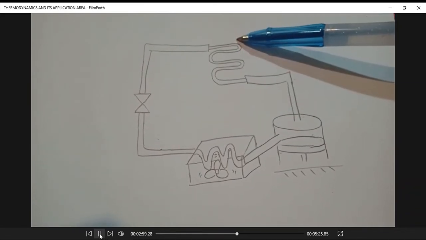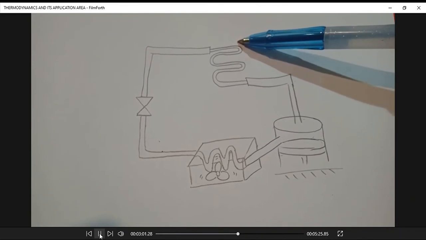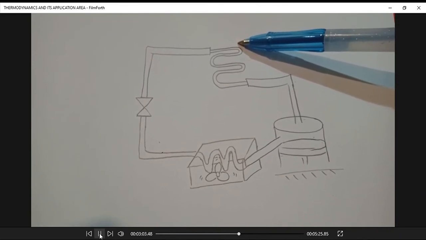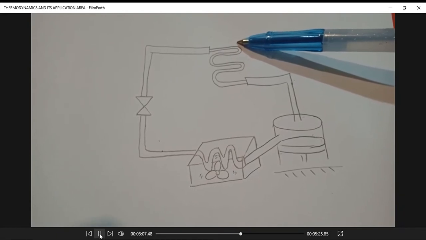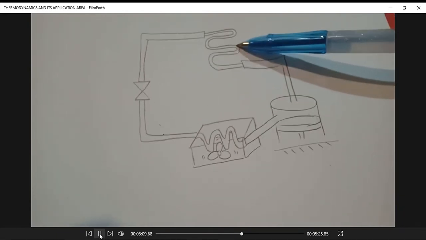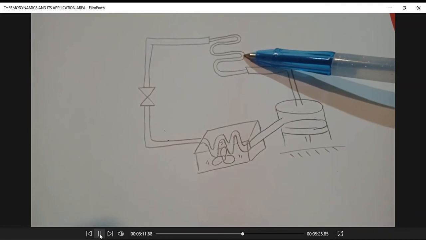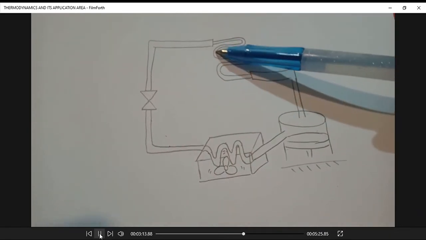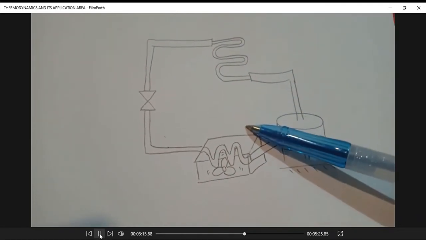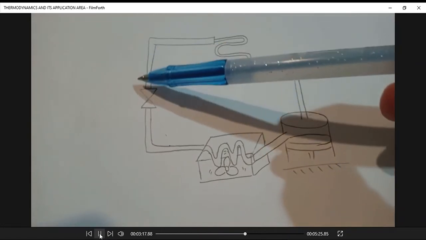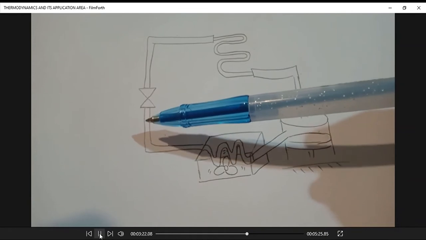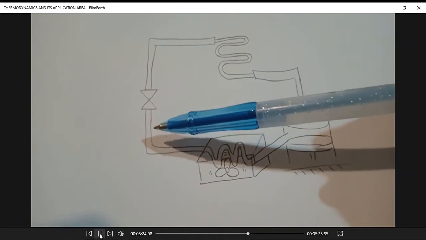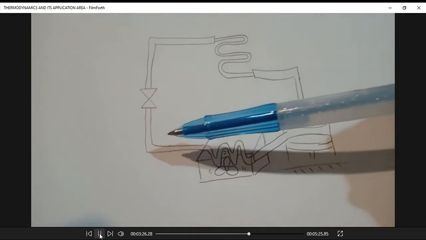As it reaches the condenser, the gas will turn its state from gaseous to liquid. This is a condenser, hence the gas will be condensed. The pressure and temperature will remain high, then it will flow through this pipe and through this expansion valve. Then it will produce a low pressure and low temperature liquid here.